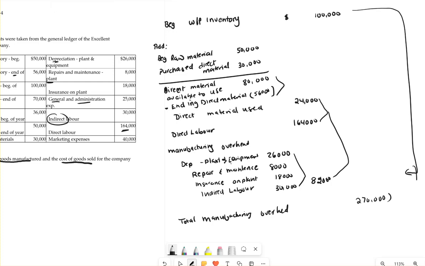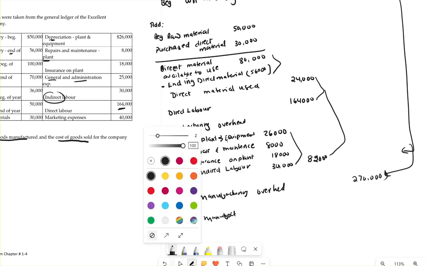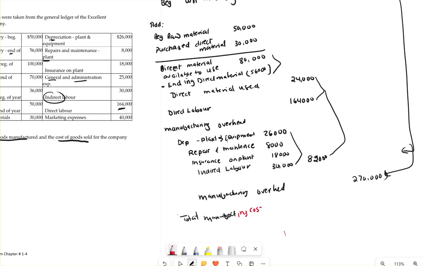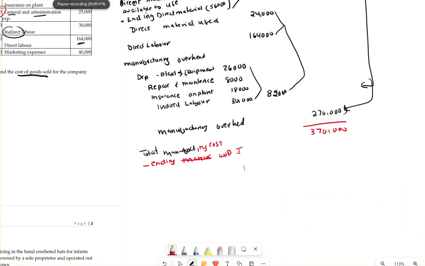Then we are going to have total manufacturing cost, which will be 370,000, minus my ending work in process. The ending work in process was 70,000. I subtract it, and then what do I get?